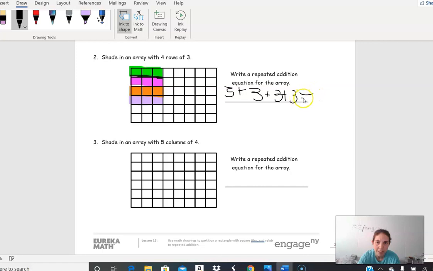Now, obviously we know these are doubles facts, right? So one way to solve this, we could say, would be a doubles fact. 3 plus 3 is 6. And this 3 plus 3 is 6. And we know 6 plus 6 equals 12.